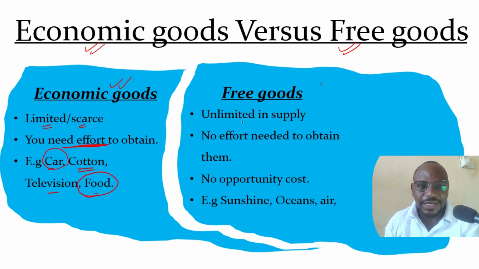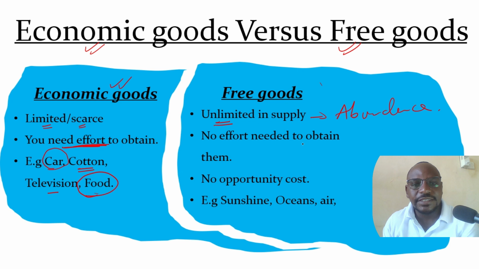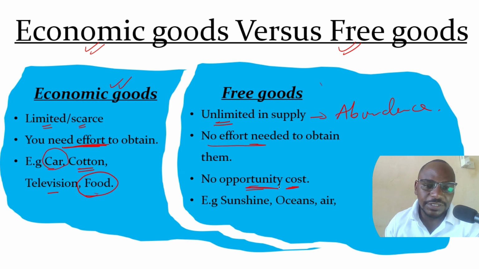On the other hand, free goods are usually unlimited in supply. They occur in abundance. These are goods for which you don't need any effort to obtain them. They are freely available in plenty, and there is no opportunity cost in using them. Opportunity cost is another concept in economics.